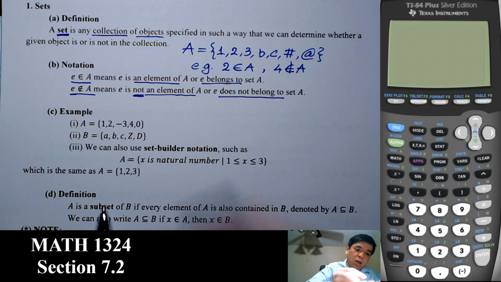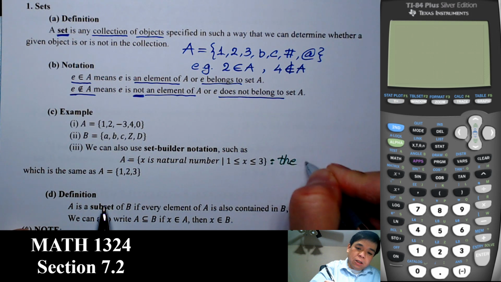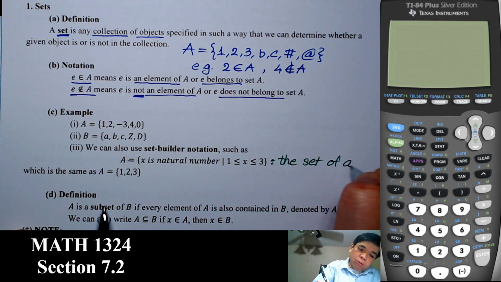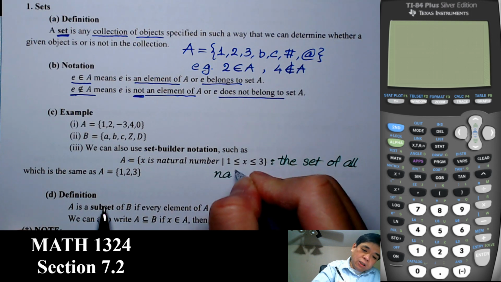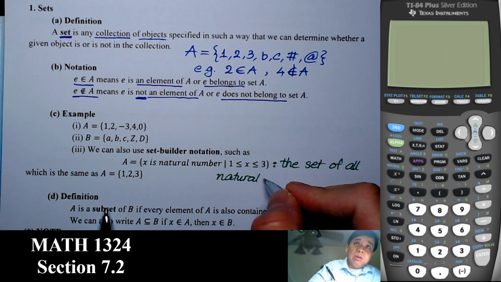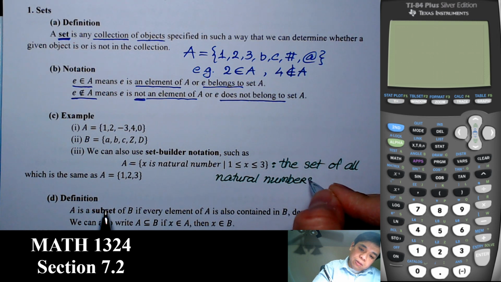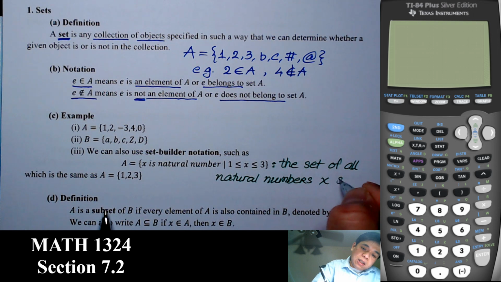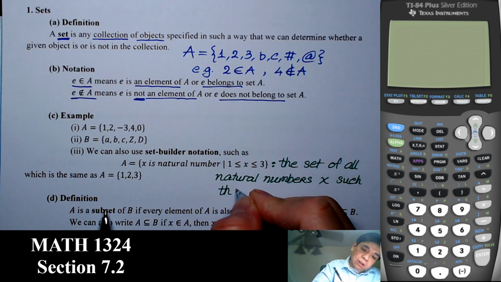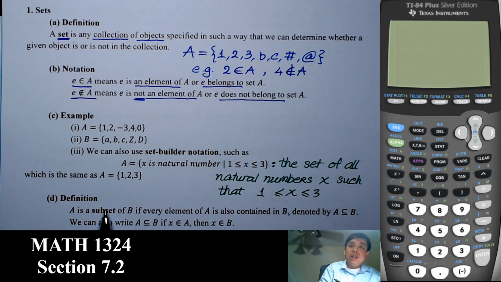So when we write like this, we say the set of all natural numbers x such that x is between 1 and 3, including the 1 and the 3. Either we describe it, or we just list everything out.